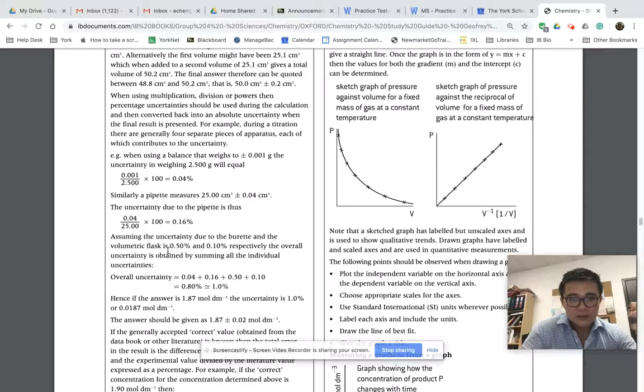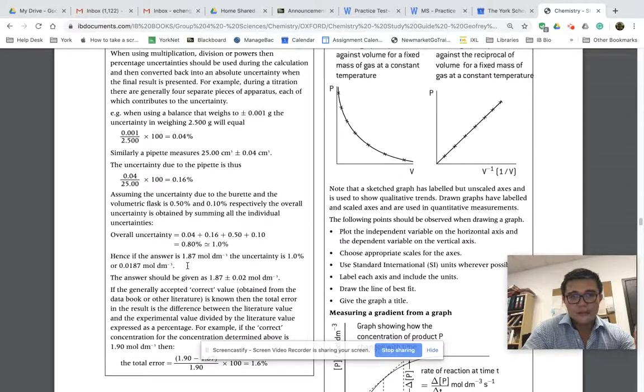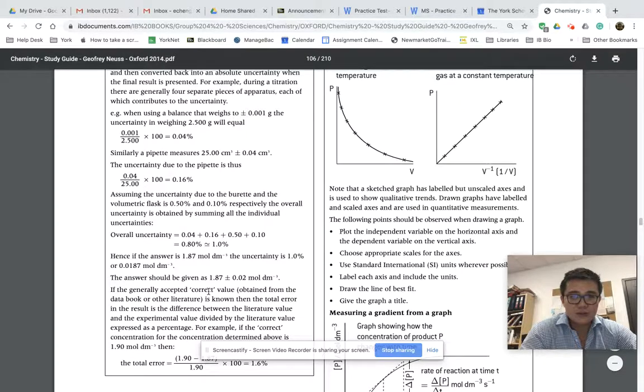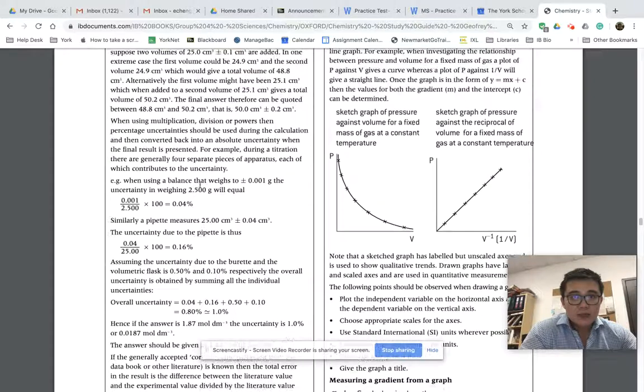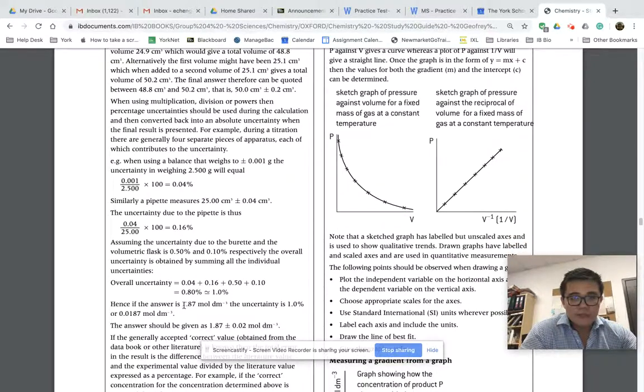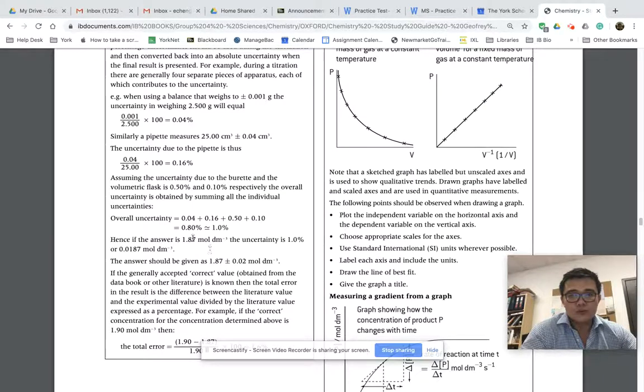So here, you also have 2 more pieces of instrument, so you add them together. And then afterwards, you convert back to the absolute uncertainty. In this case, since the answer of your measurement earlier becomes 108.75, you have to convert that 0.8% back to 0.8 or 1% into the same unit.